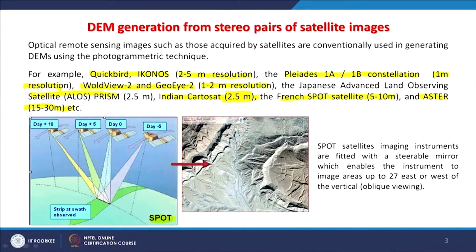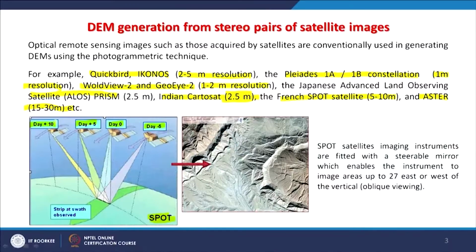Now, in the case of SPOT, the example given here shows how these stereo pairs were used: on day 0 it was acquiring the same part of the land as 5 days before or 5 days later or 10 days later. So if you have multiple coverages of the same area with different angles, then generating stereo pairs is not difficult.